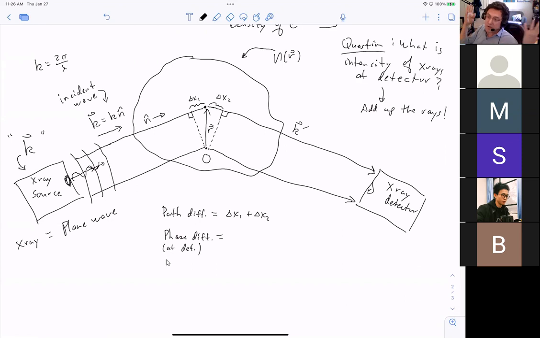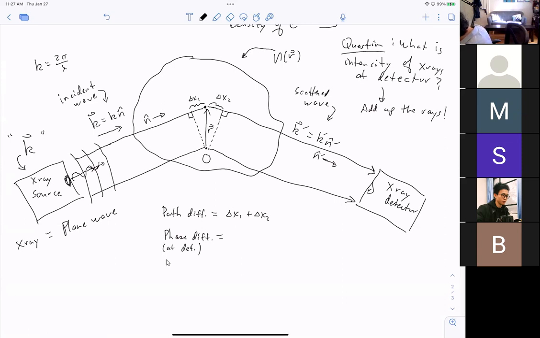The k prime is some arbitrary direction into the detector, and k prime is equal to the magnitude k prime times n hat prime. So n hat prime is going in this direction to the detector, and this I'll call the scattered wave. It's a wave of X-rays, an electromagnetic wave.